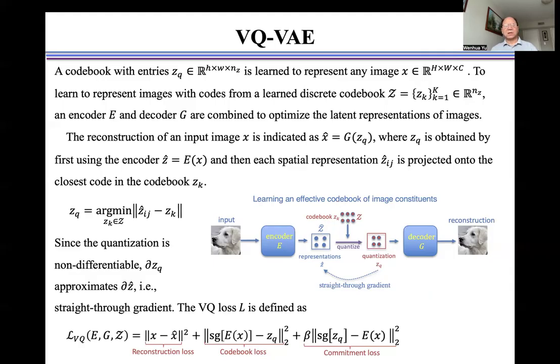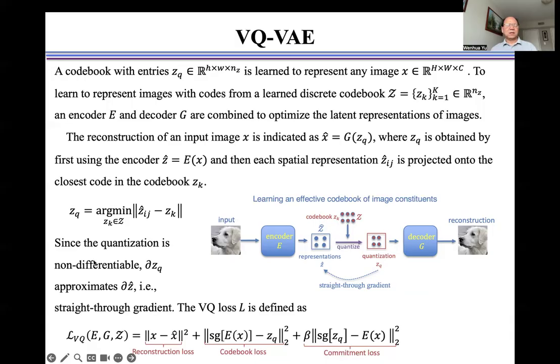Reconstruction of input image X is indicated as X caret, where ZQ is obtained by first using the encoder E, and then each spatial representation Z-hat is projected onto the closest code in the codebook, as shown here and here in this figure.